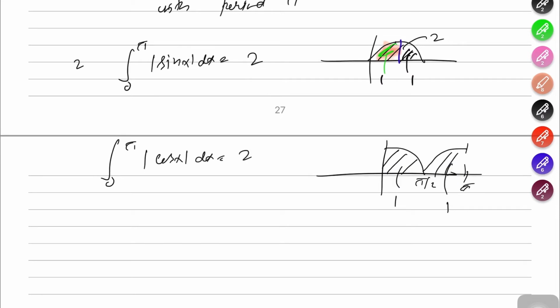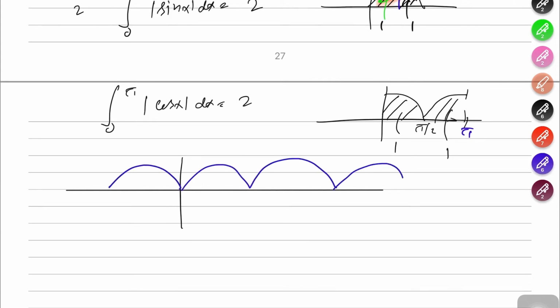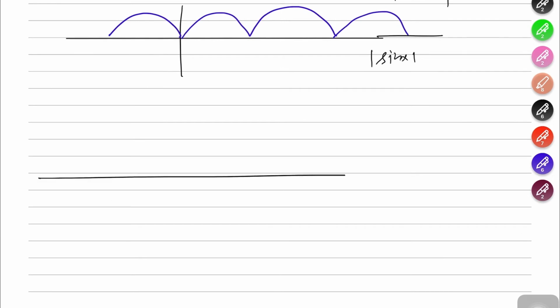So that's why 1, 1. Here also this 1 and 1. So the mod of cos x from 0 to pi has a value 2. By the way, the graph of mod of sin x will be something like this. Okay, they are periodic functions. This is the graph of mod of sin x.